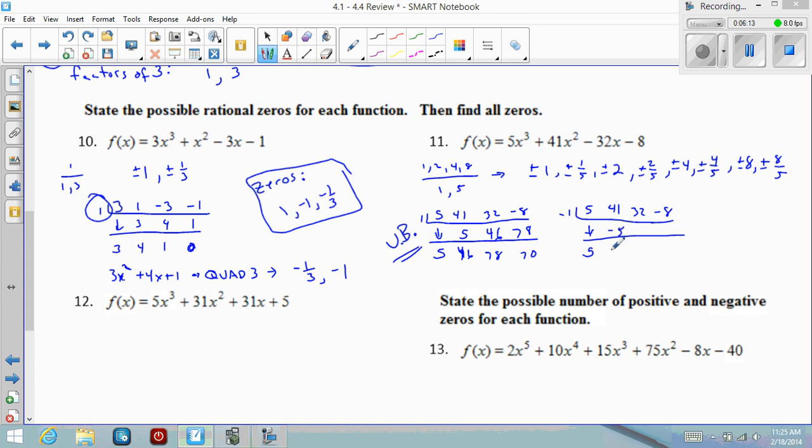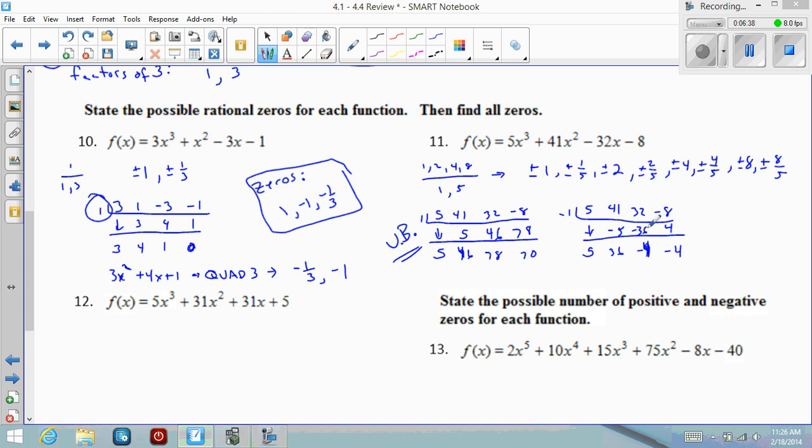I add, I get 36, and that gives me -36. I add straight down, I get -4. My 4's keep looking like 9s. -1 times -4 is +4. I add straight down, I get -4. Well, that turned out a lot better than the 1 did. Okay, so a negative number kind of helped.